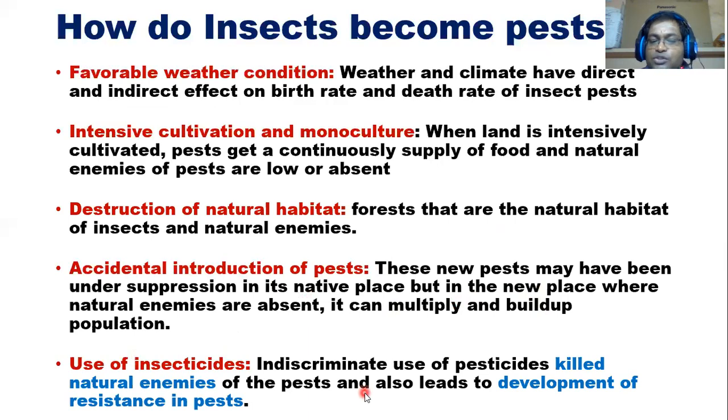Next, the last one is the use of broad spectrum insecticides. In the 18th and 19th centuries, after the invention of these pesticide active ingredients, and in the Green Revolution, they introduced so many high yielding varieties. They are very susceptible to pests, so the pest population increased.